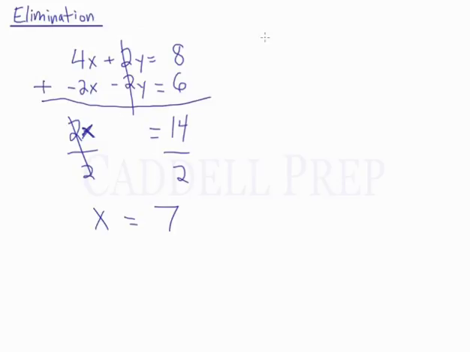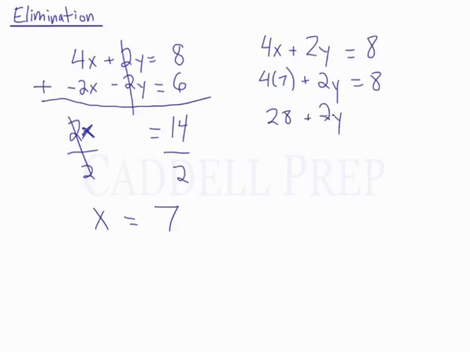So let's take the first equation, 4x plus 2y equals 8. So substitute 7 in for x. So 4 times 7 plus 2 times y equals 8. 4 times 7 is 28 plus 2y equals 8. Subtract the 28 from both sides.